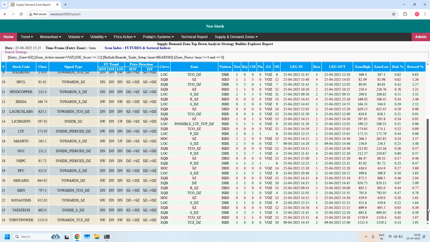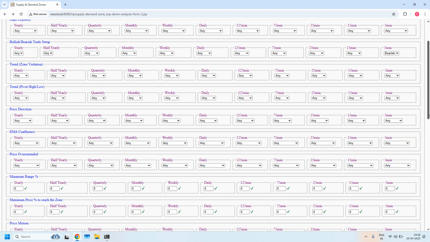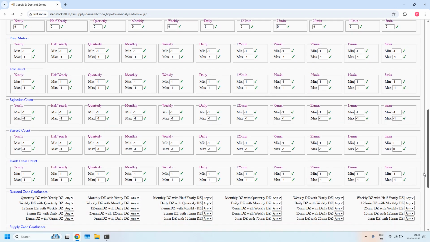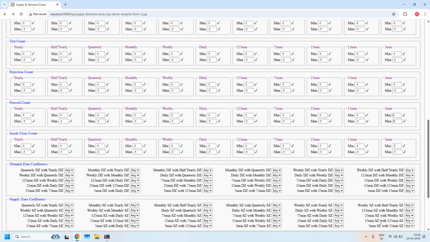Now let's verify, out of these 24, how many supply zones have ITF confluence, that is 5 minute supply zone with 15 minute supply zone confluence. I'm going back. In the supply zone confluence, I'm setting the filter 5 minute supply zone with 15 minute supply zone confluence.